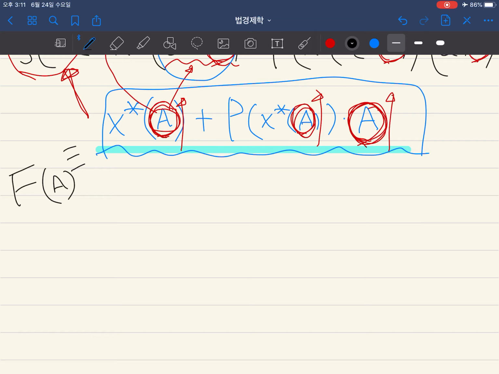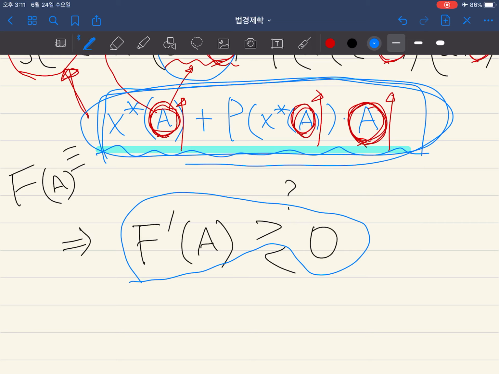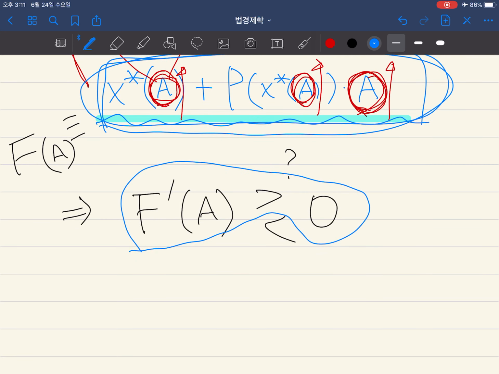Then our question is, what is the value of this first derivative? Is it positive or negative? If this is positive, it means this function F is increasing when A gets bigger. So in other words, this blue expression is increasing when A gets bigger. This is what we are going to show here.